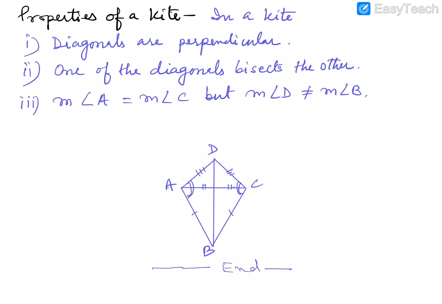Now properties of a kite. In a kite, diagonals are perpendicular.